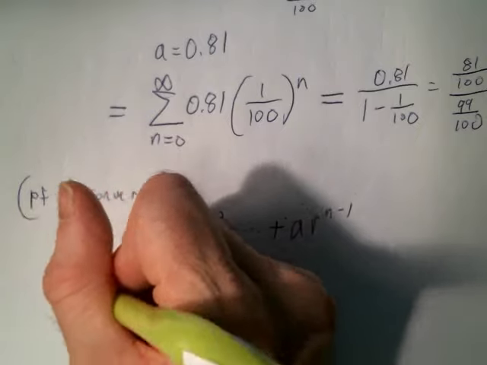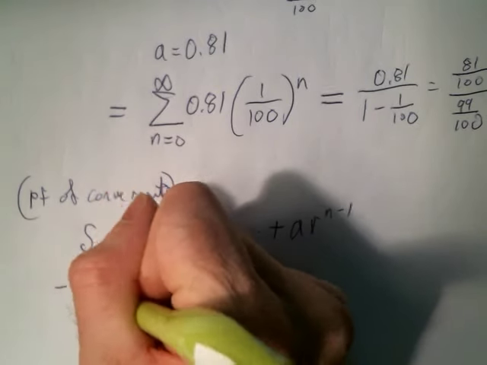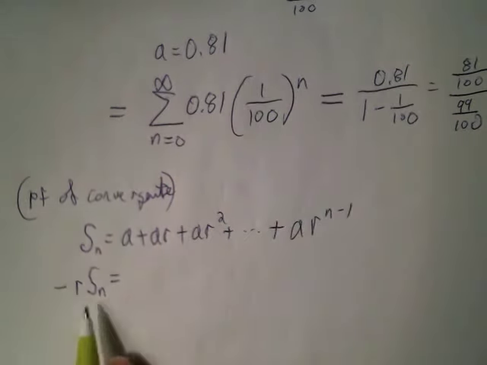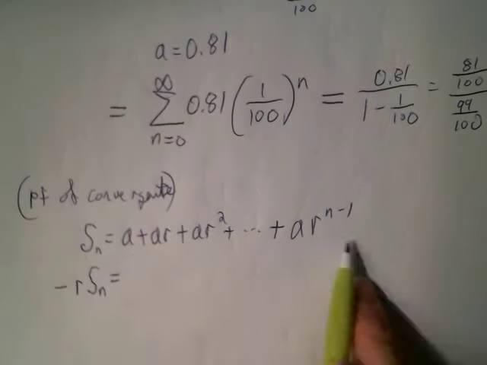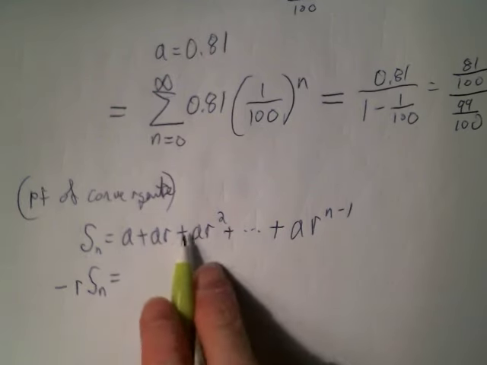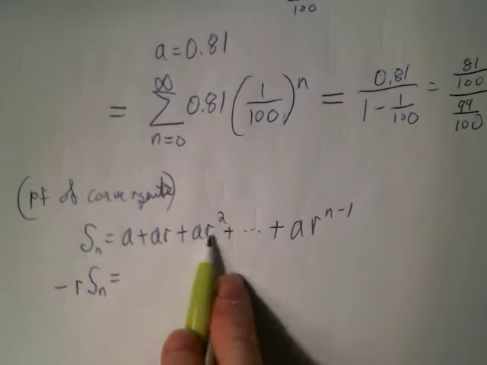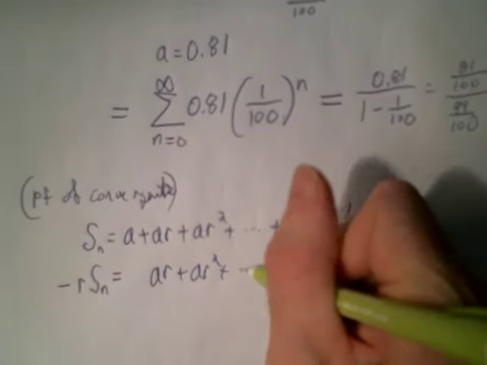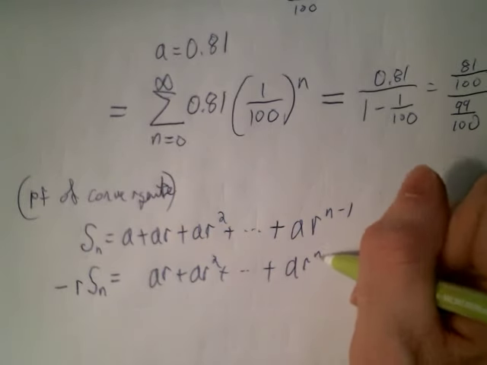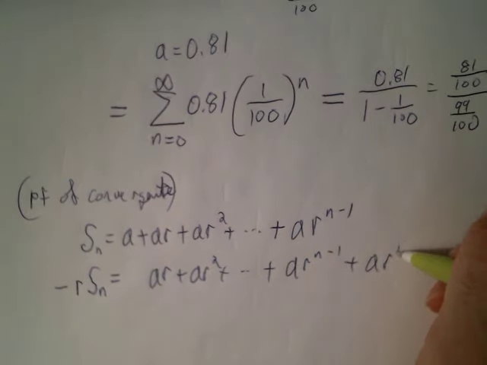And then we're going to sort of subtract away a multiple of that. So if I multiply this first guy by r, you'll end up with just the same thing shifted over one place, so to speak. So you multiply everything here by r, you'll get ar plus ar squared plus dot dot dot plus ar to the n minus 1 plus ar to the n.